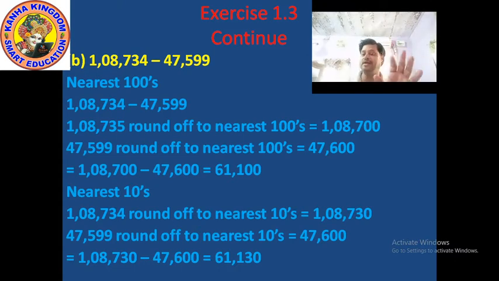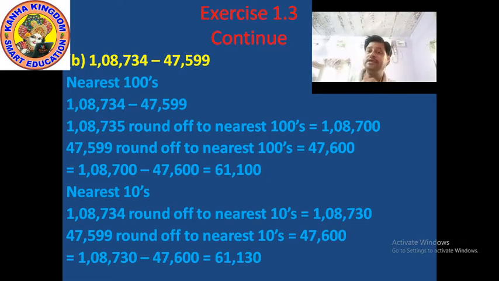Write down the same. So it means 1,08,734 when rounded off to the nearest 100 becomes 1,08,700. Okay, clear it now.